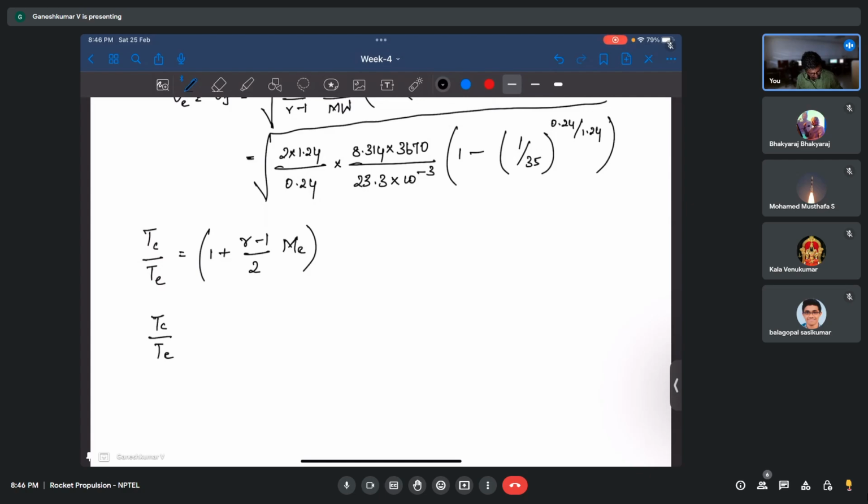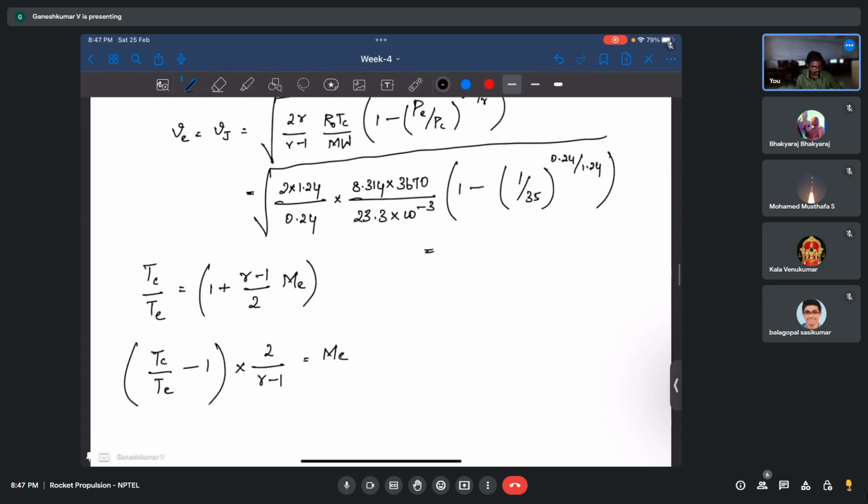We know this is true for any compressible isentropic flow. This will directly give you the Mach number. Here you will find the velocity. Sir, 2.6 kilometers per second. 2.60 kilometers per second.